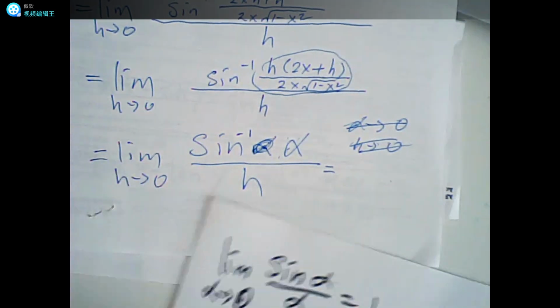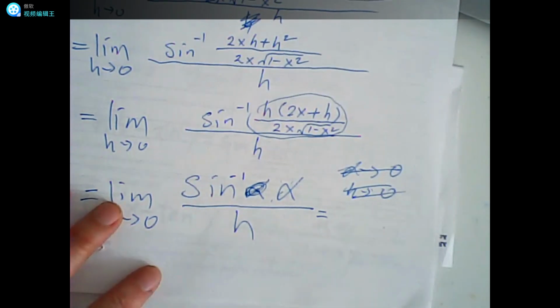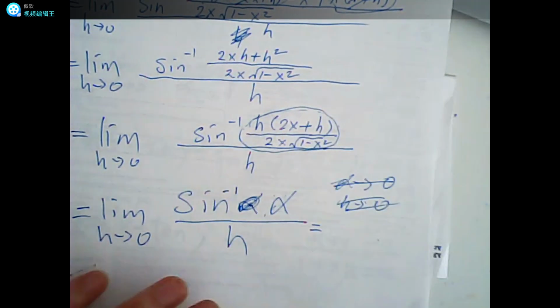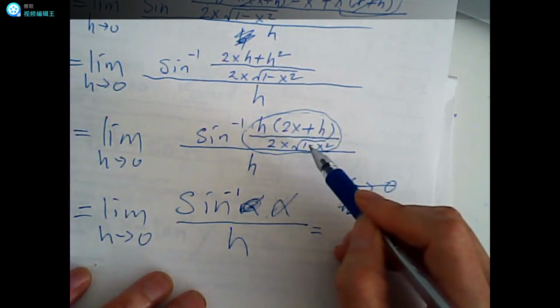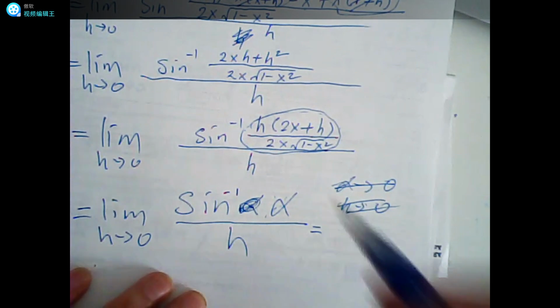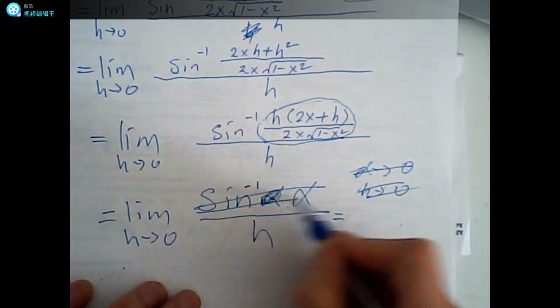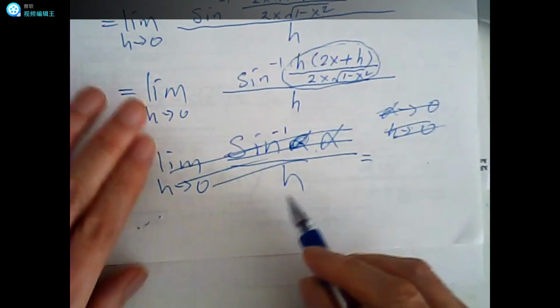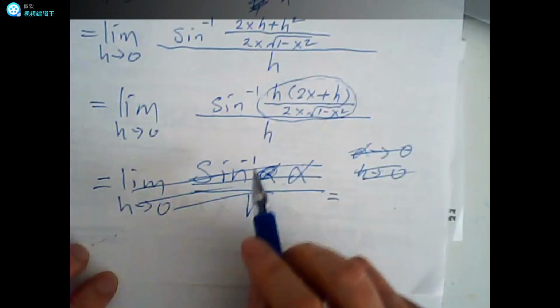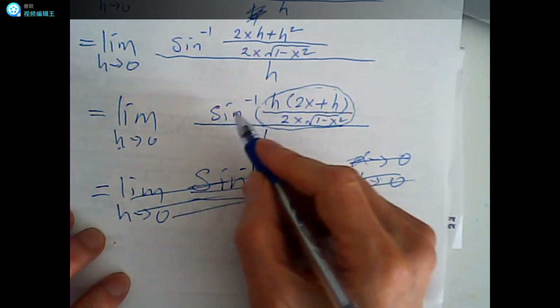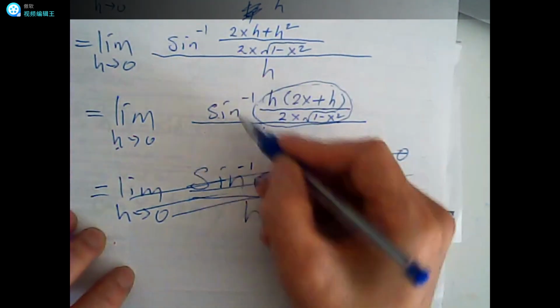Do you understand? This is a little difficult to explain. This one is approaching 0. Therefore, this one is equal to arcsine of this. So this means that as h approaches 0, arcsine of this is equal to this.